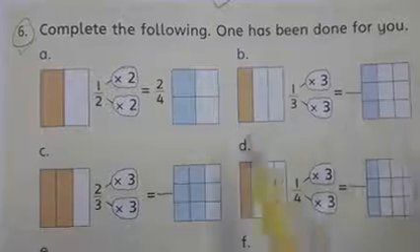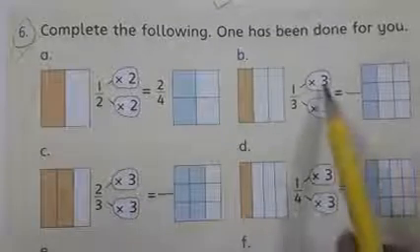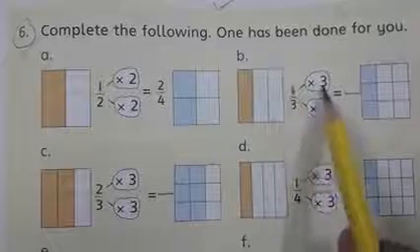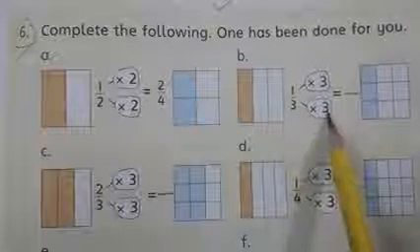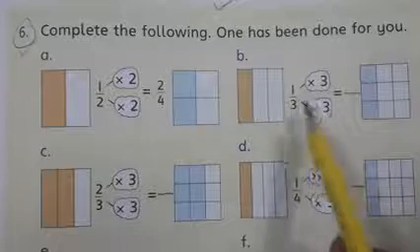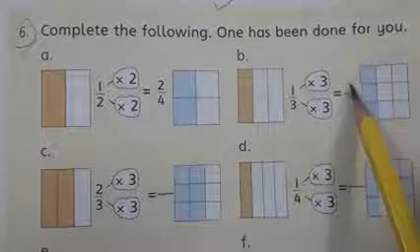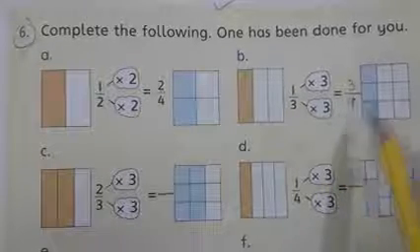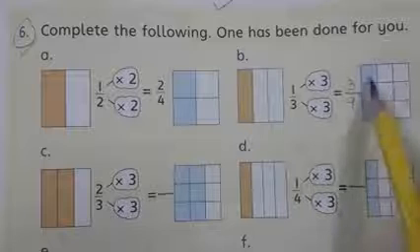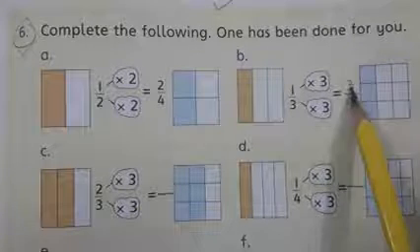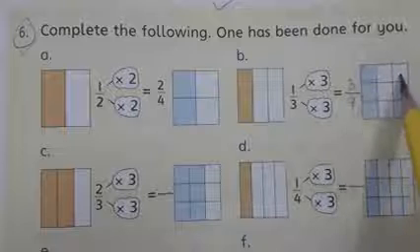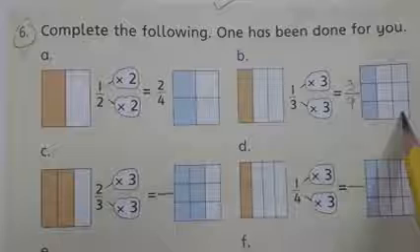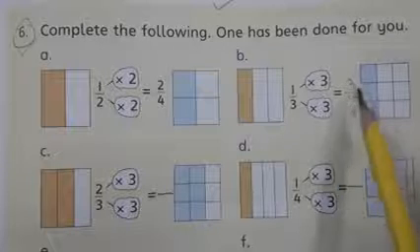So let's see, we multiply numerator by 3 and denominator by 3. So 3 ones are 3 and 3 threes are 9. And you can see in this fraction 3, that is numerator, and total are 1, 2, 3, 4, 5, 6, 7, 8 and 9. So 3 by 9.